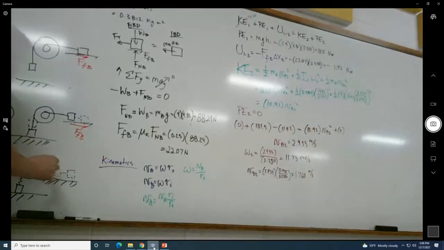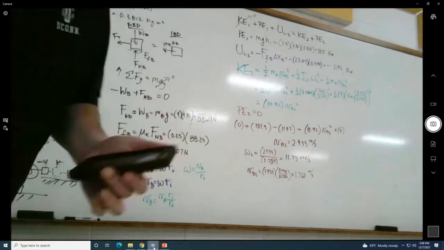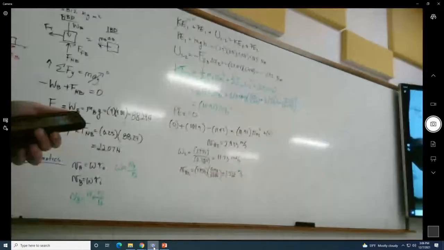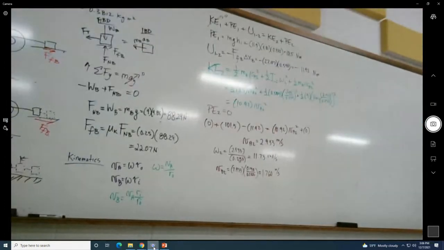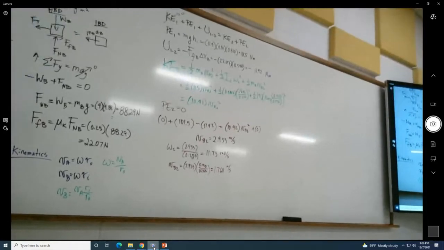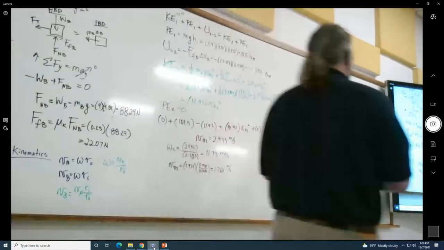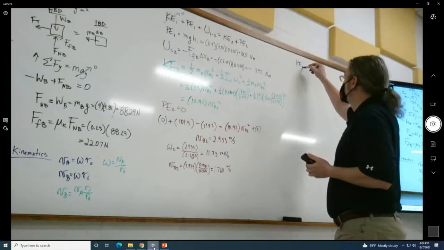But now we've only got up to this spot right here. We want to find out what distance this is going to move, so we want to move from 2 to 3 now. And I wish I had a longer USB cable to be able to see this a lot better.